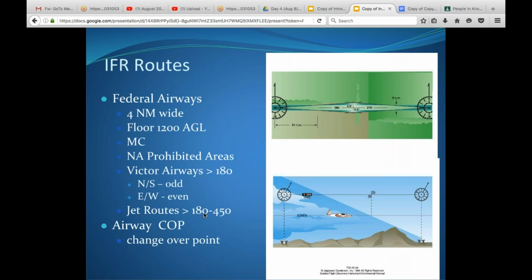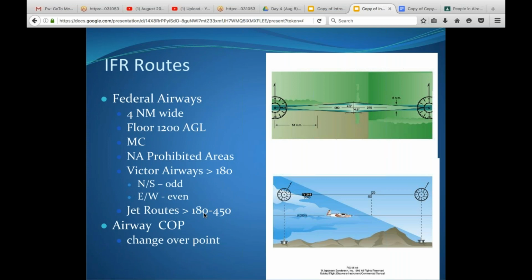And then these changeover points, is this where they're talking about changing over your frequency? Yeah. When you're flying around, you're going to be going in between different air traffic control centers. There's not just one air traffic control center that's talking to every plane in the United States.